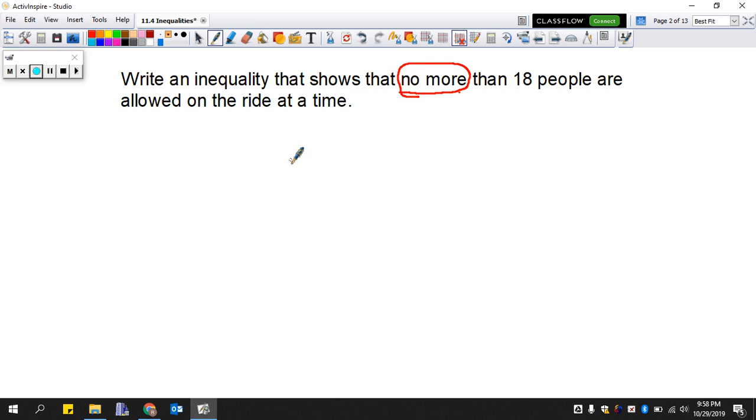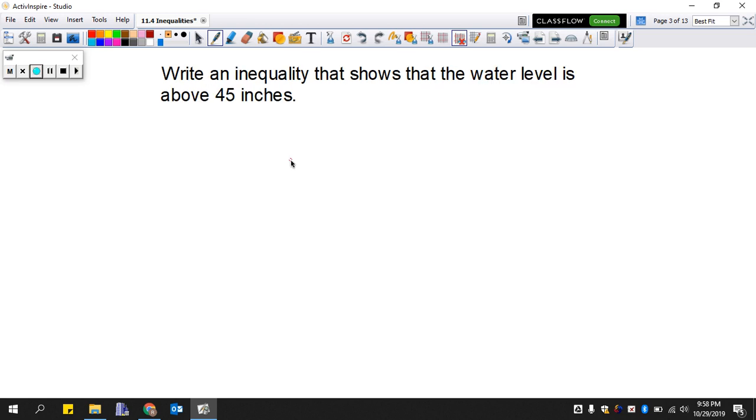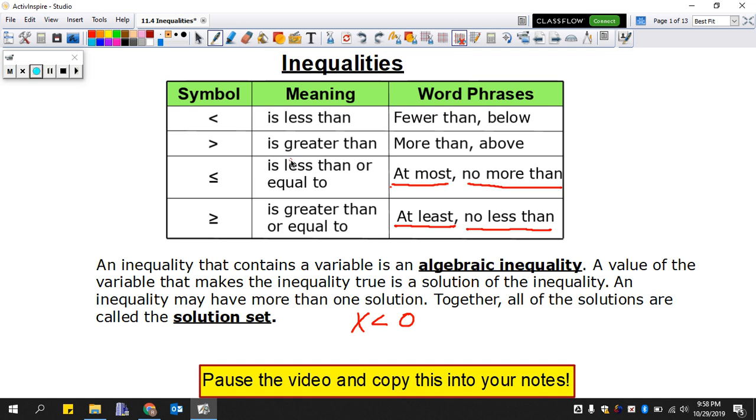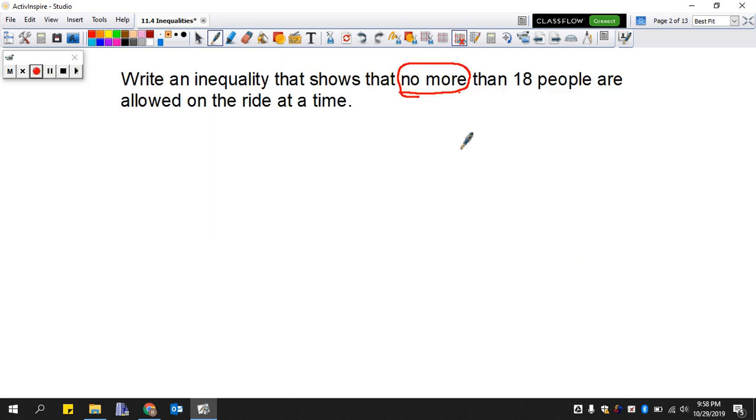If we look back at the list that we just wrote down, no more than means less than or equal to. So we're going to say people, or P, is less than or equal to 18. What that means is that you're allowed to have 18 people on the ride, or you can have less than 18 people on the ride.